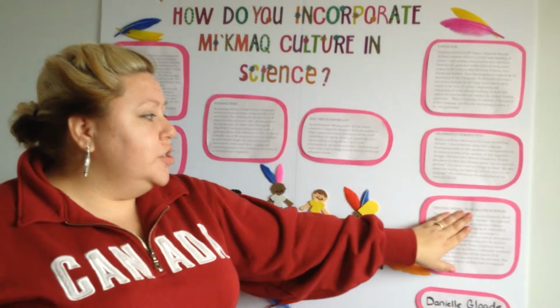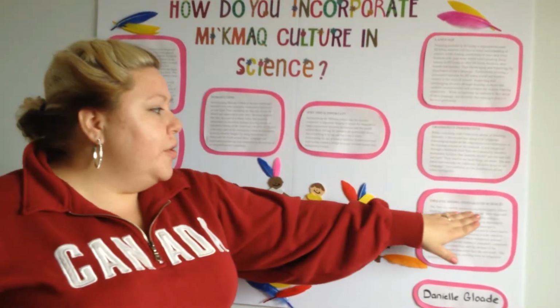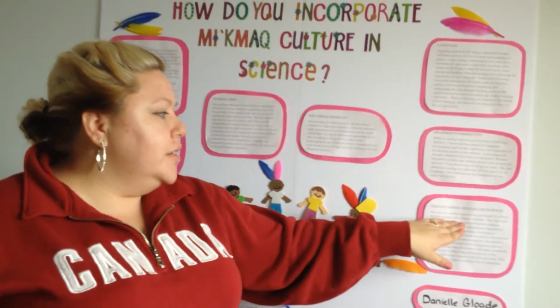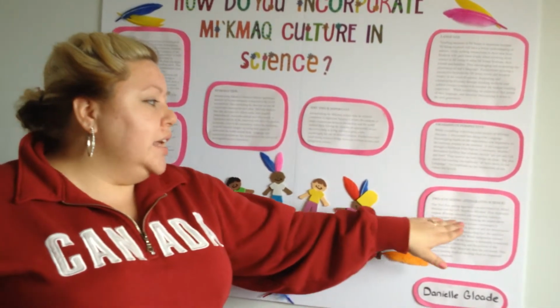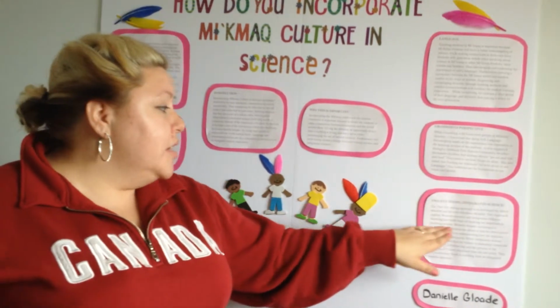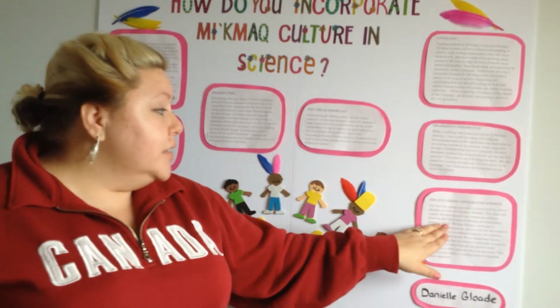The next topic is two-eyed seeing integrated science. The two-eyed seeing approach was developed by Albert Marshall and his wife, Murdena Marshall. This approach explores Western sciences and Indigenous sciences, showing how both ways of thinking are important to teaching science.